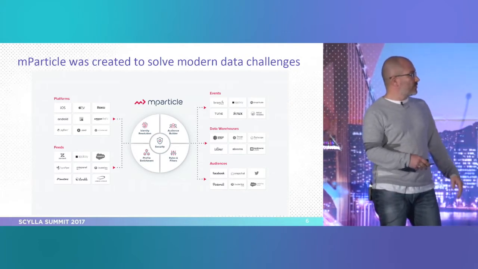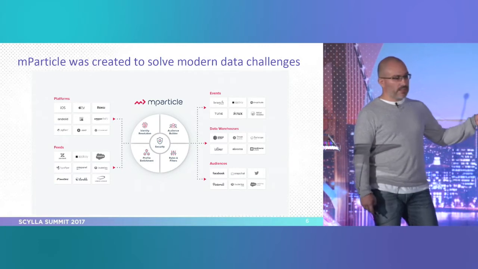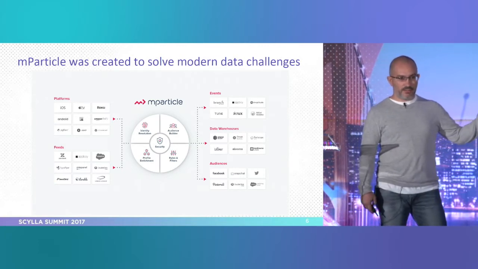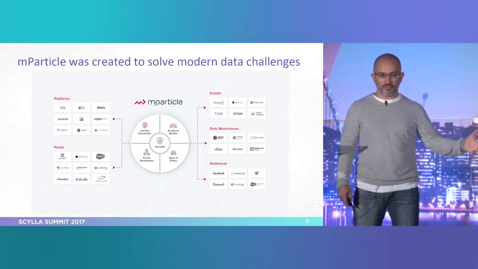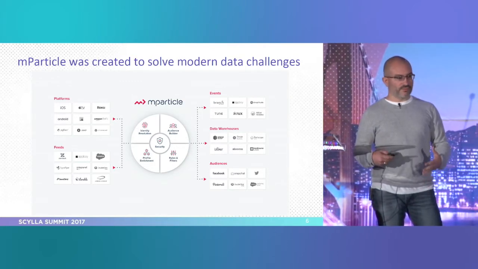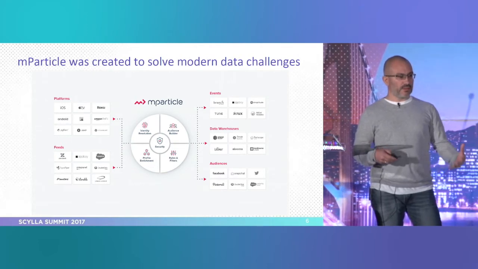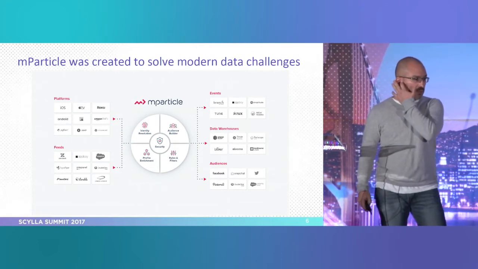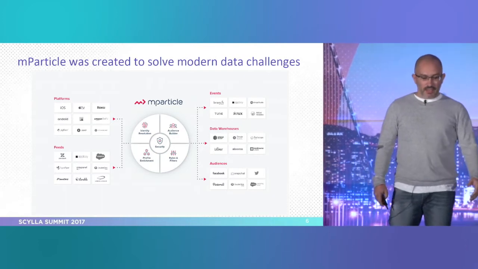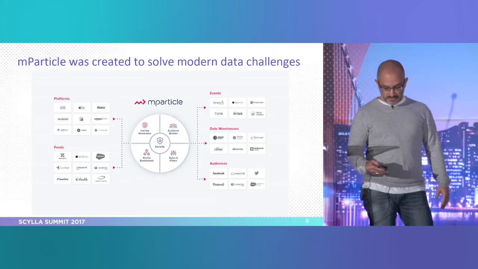After that data gets ingested, it passes through a pipeline. It gets enriched with identity information, profile information, rules and filters get applied. The user profile and rules engine is where we currently use Scylla. And after that gets processed, it gets sent out downstream to third parties.